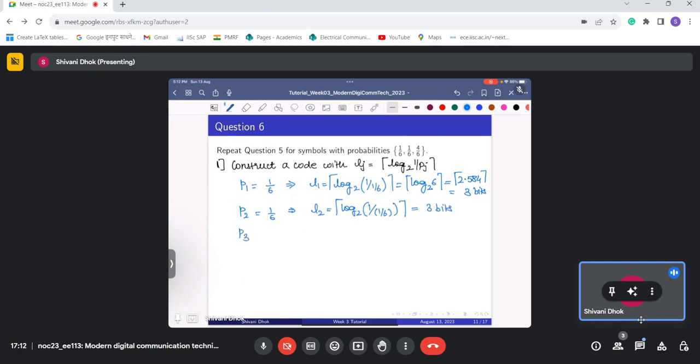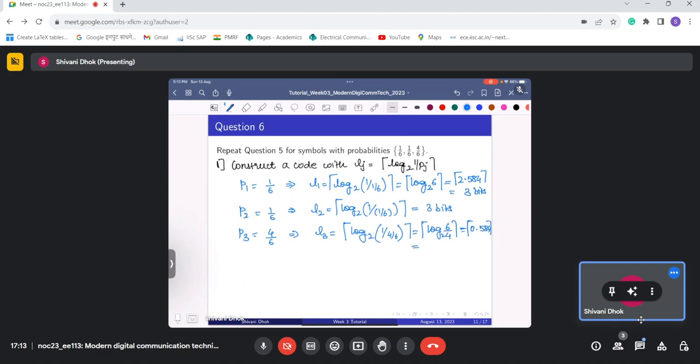And this P3 is 4 by 6, which means that this L3 is log to the base 2 1 divided by 4 by 6, which is ceiling of log of 6 by 4 to the base 2, which is ceiling of 0.584.